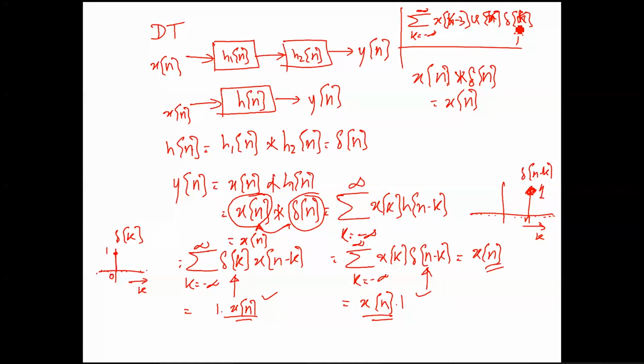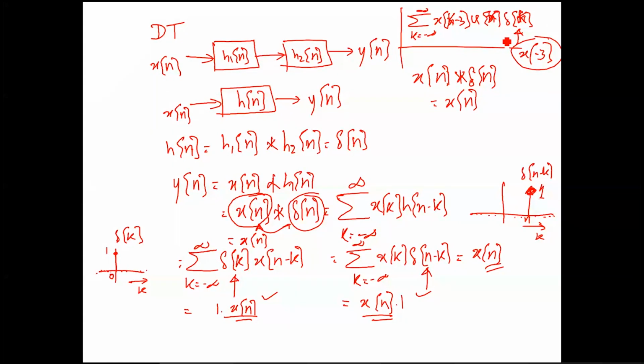You can directly write the answer. You know that this whole product is valid only once k is 0. At k equal to 0, this will be 1, this will be 1, and this will be just x of minus 3. So we can just directly write this. So inside summation, whenever we end up getting an impulse, it will simplify the whole thing. We can directly write the answer, and later on, once we do examples, it will become more clear.